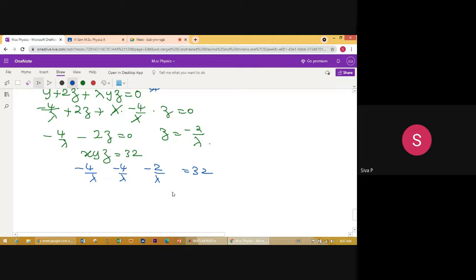So minus, minus, minus gives 16 times 2, 32 by lambda equal to 32. This gets cancelled. Lambda equal to minus 1. So x equal to 4, y equal to 4, z equal to 2 is the answer.